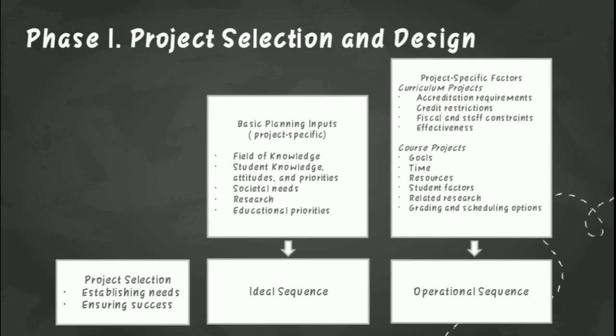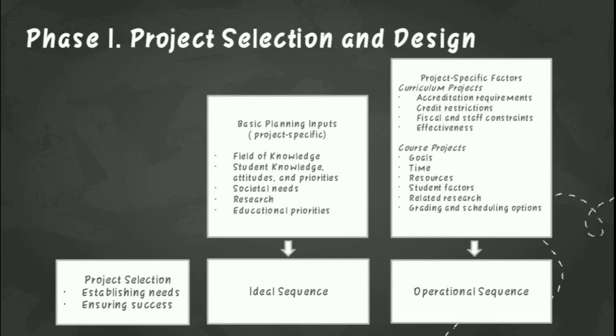The next are the project specific factors: curriculum projects, accreditation requirements, credit restrictions, and physical and staff constraints, effectiveness. It entails the inputs, especially in the school that implements this type of curriculum.